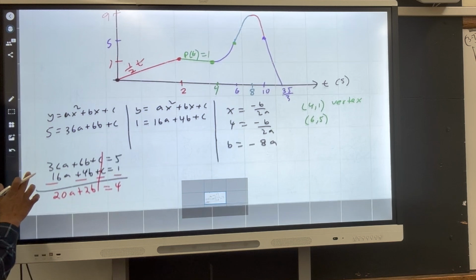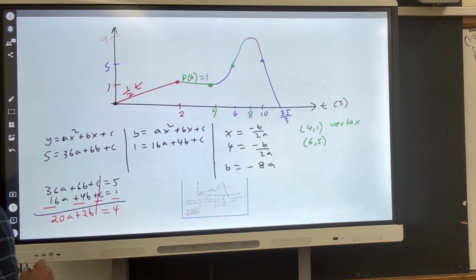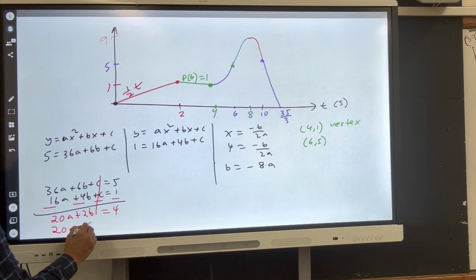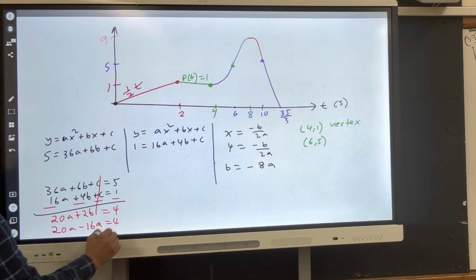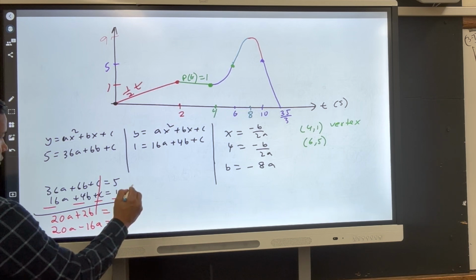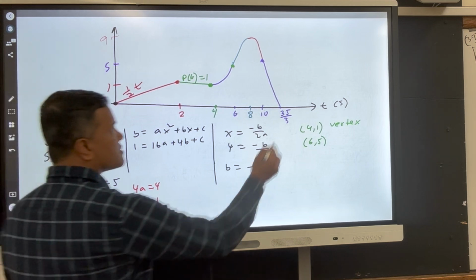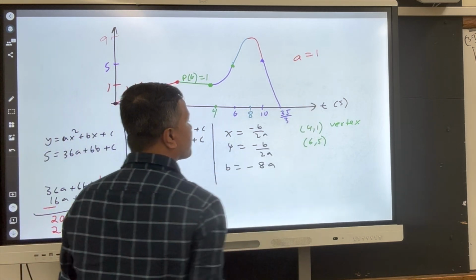What is b? b is negative 8a, so 20a minus 16a is equal to 4, so 4a is equal to 4, so a is equal to 1.